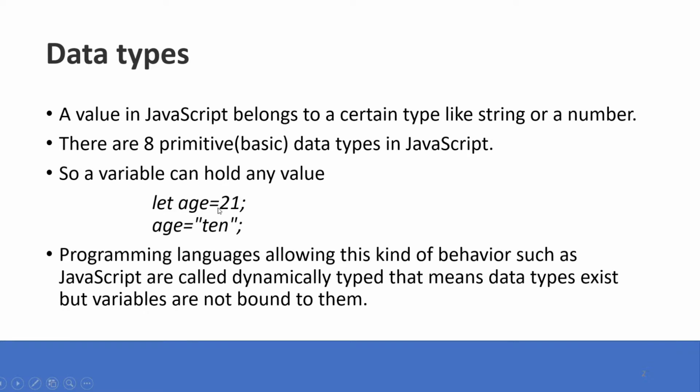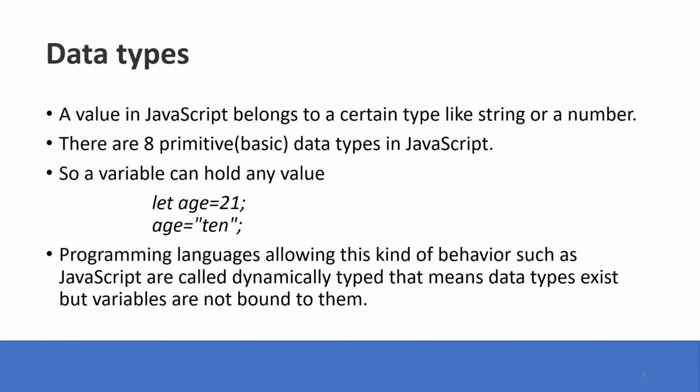That means a variable can have any type stored. So programming languages allowing this kind of behavior, such as JavaScript, are called dynamically typed. That means the data types in the language exist, but the variables are not bound to them. The variables you create are not strictly attached to the data types. You can have any data type stored in a variable.